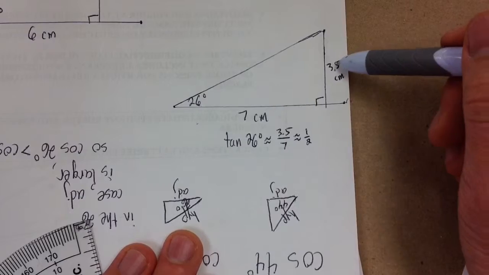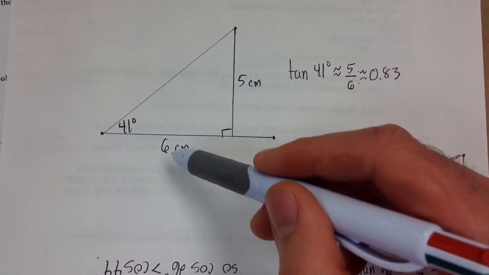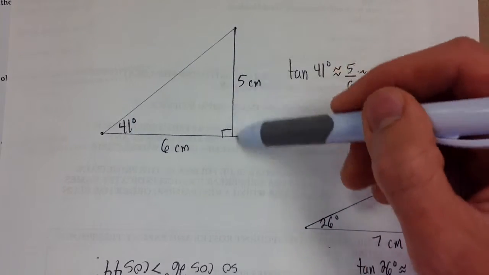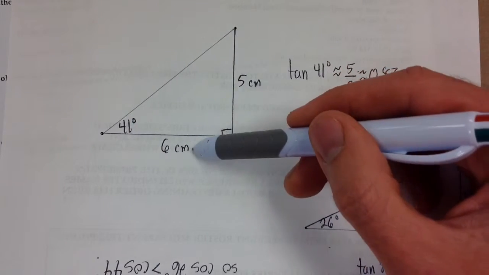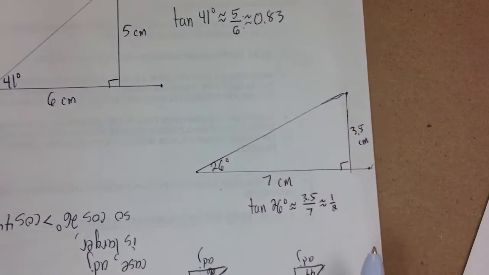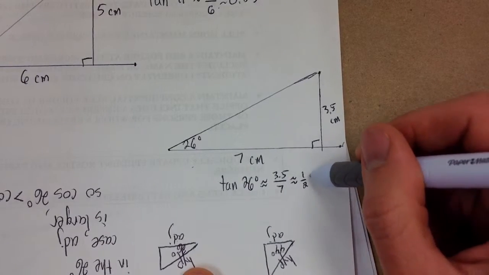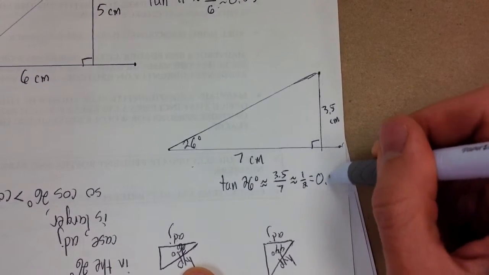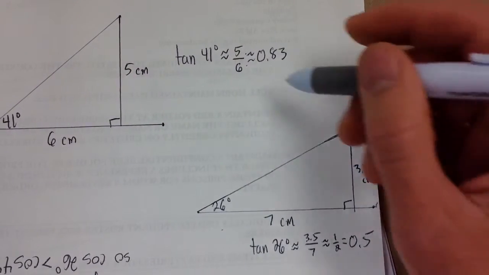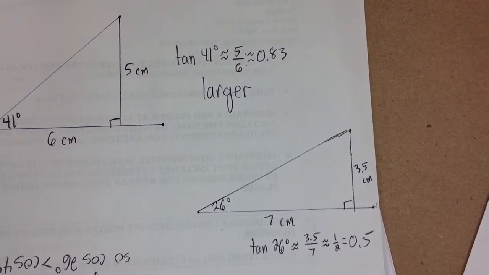And when you do opposite to adjacent, it's going to be smaller than in this opposite to adjacent case. The taller this angle becomes, the taller the opposite side becomes, and the shorter the adjacent side becomes. I encourage you to play with these tools. Okay, so this is like 0.5. 0.5 is definitely less than 0.83. Okay. So that's another way to explain it, yeah.